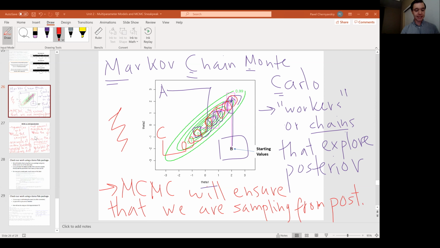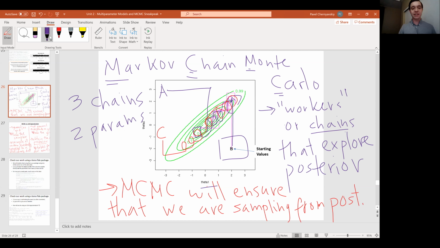I set the seed to make sure I get the same thing every time. And altogether, I get 5,000 times 3, 15,000 samples that I hope are all samples from the same underlying posterior distribution. Notice again, I have 3 chains here, but 2 parameters, just to make sure we're on the same page. 3 workers doing the searching, but 2 parameters.